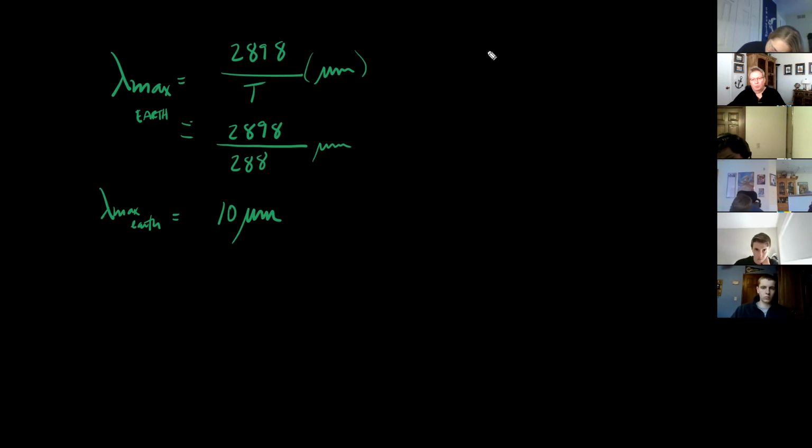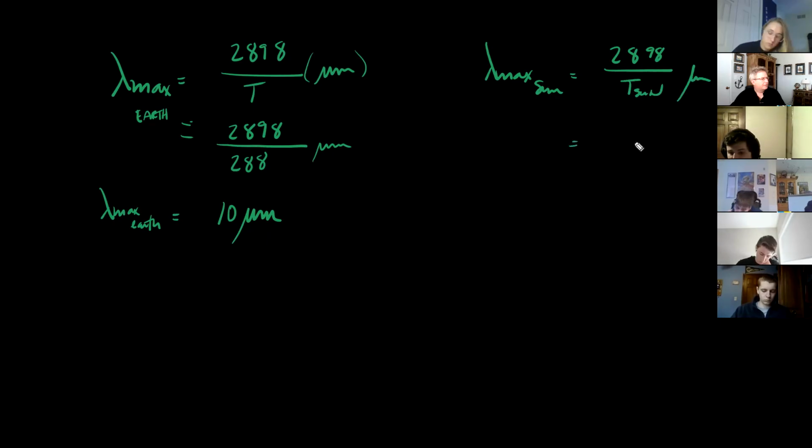Now, what's lambda max of the sun? You could plug this in. Remember what temperature the sun is? You could put it in there and you'd get something. But how much warmer is the sun than the Earth? 20 times.